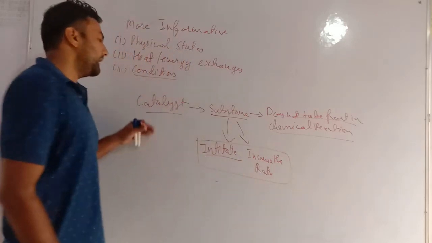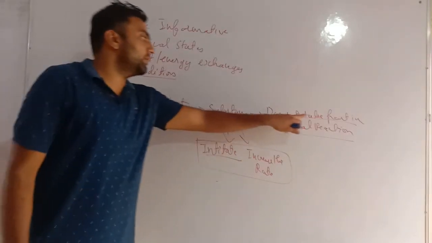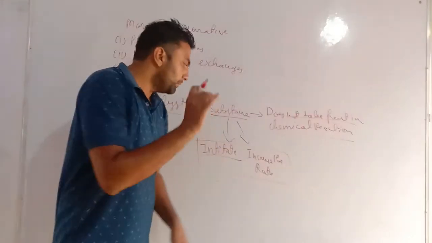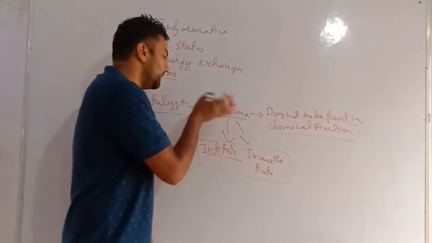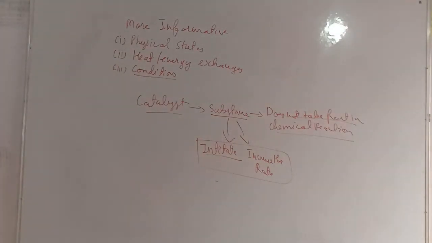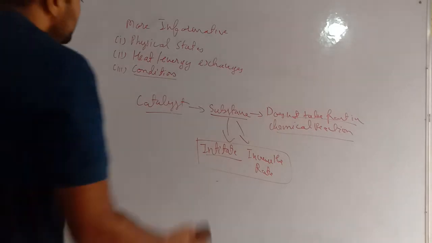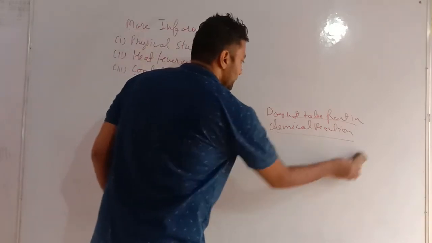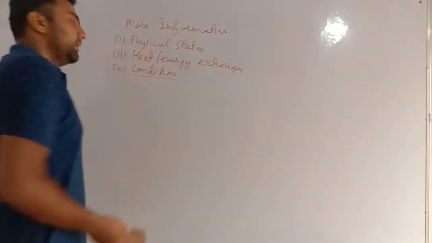So what is a catalyst? Catalyst is a substance which does not take part in chemical reaction, but it is very important to initiate the chemical reaction or to increase the rate of the chemical reaction. See, my dear students, few things are such that you surely need to mention. For example, whenever carbon monoxide burns with hydrogen gas, we get methanol.